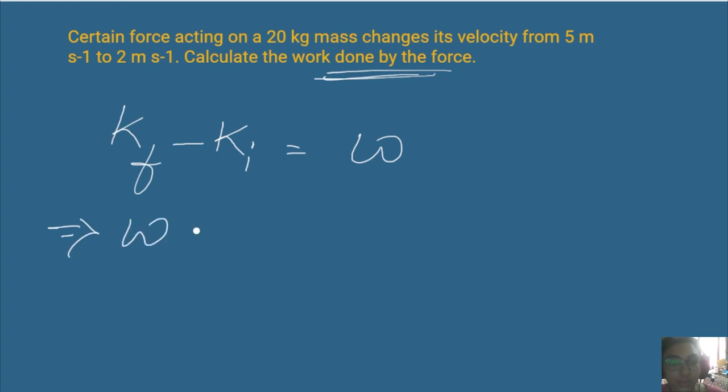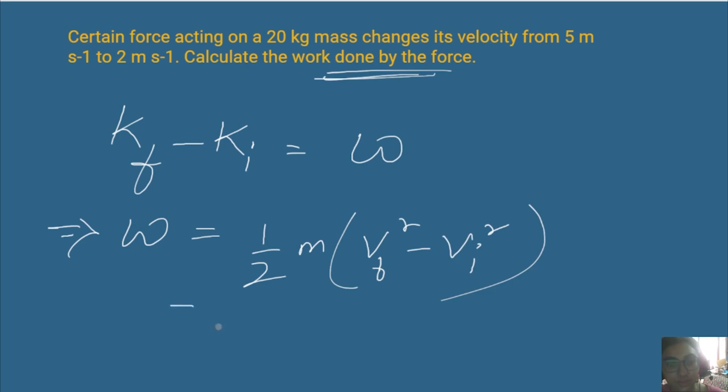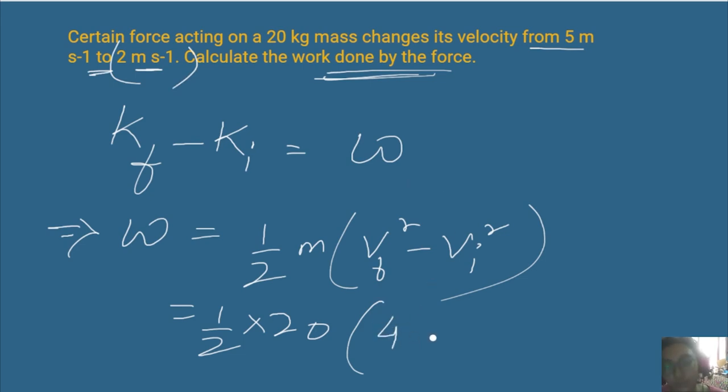So we can write it as half m (vf square minus vi square), which is half into mass, which is 20, into final velocity 2 meter per second, 2 square, which is equal to 4, minus 5 square, which is 25.